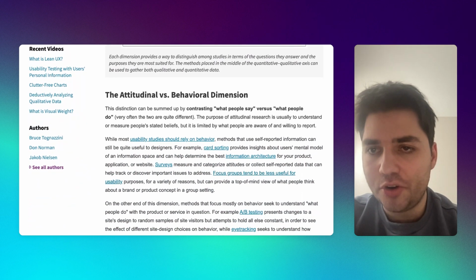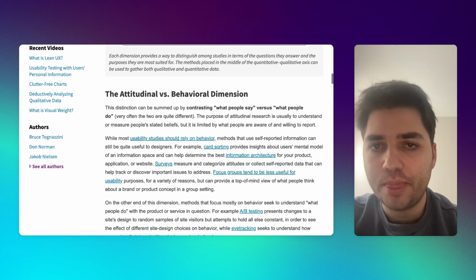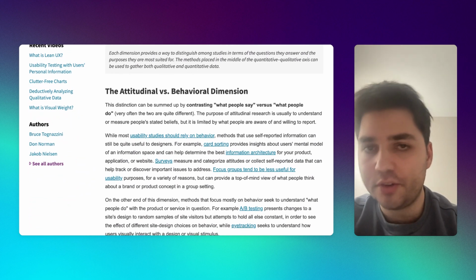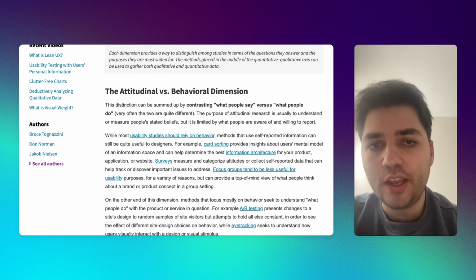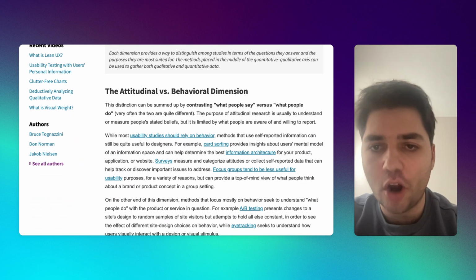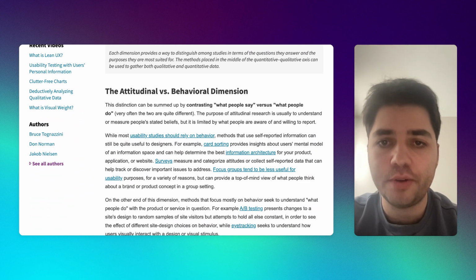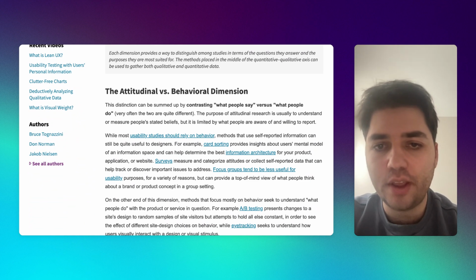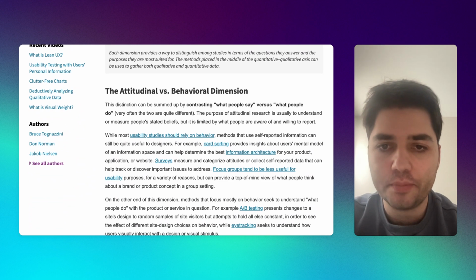So again, what is the attitudinal versus behavioral dimension? This is what people say versus what people do. If you're looking at what people say, you may want to look at card sorting or information architecture, as well as surveys. Focus groups can also give you more information about what people say.